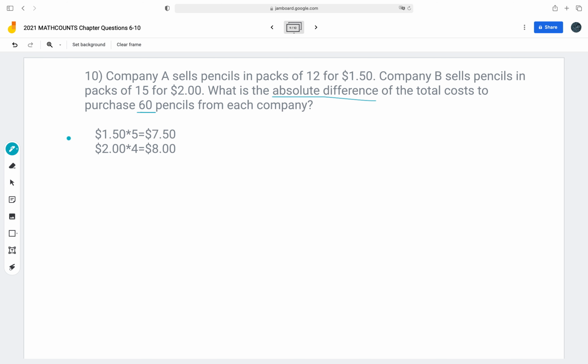So this is A, and this is B. So the absolute difference we can find is just 0.5.